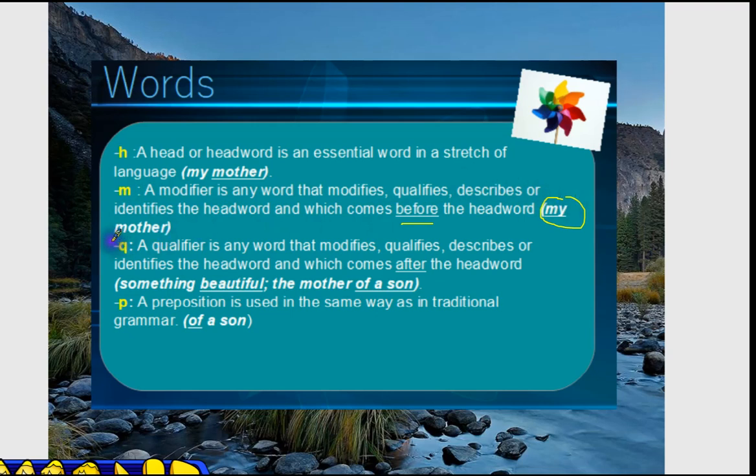Whereas the Q, which stands for qualifier, has the same definition: modifies, qualifies, describes, identifies a head word. But it comes after. So this is another adjective, a post-positive adjective, or a post-modifier, we could say. P, preposition. No problem with this one.